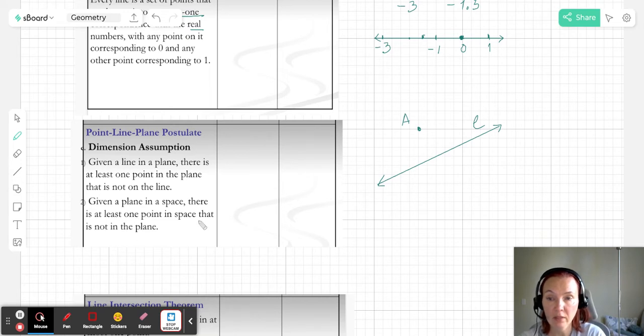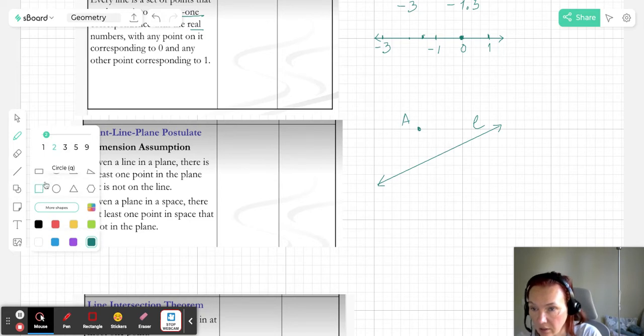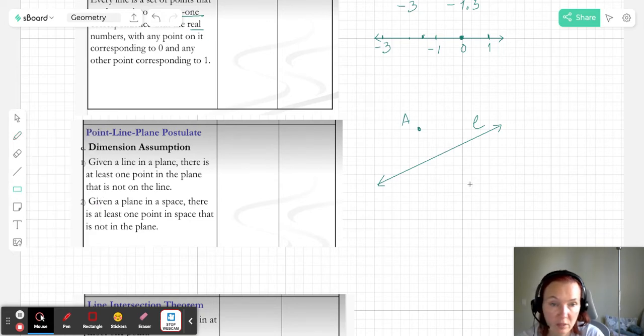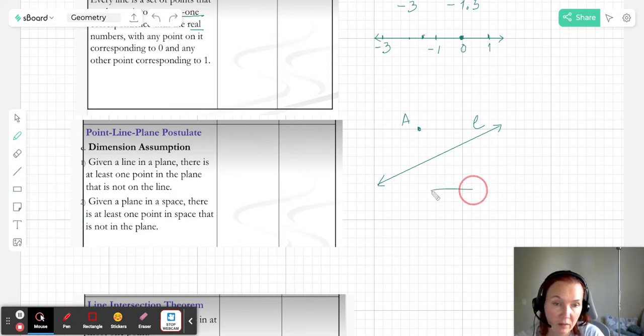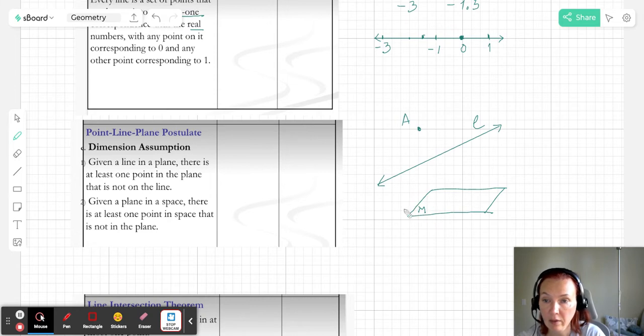And given a plane in space, there is at least one point in space that is not in the plane. So let's see if I can draw. No, that does not give me a parallelogram, so I'm just going to draw it by hand. When we draw a plane, we usually draw a parallelogram. So I have my plane M. I can find at least one point in space that is not on the plane.